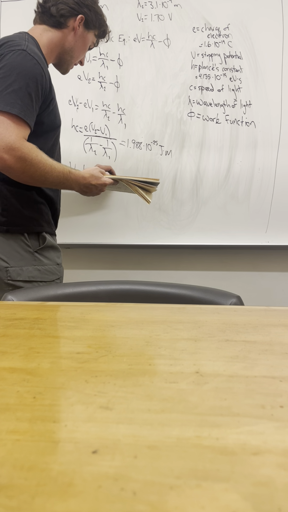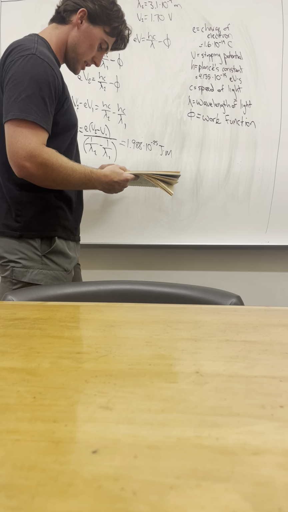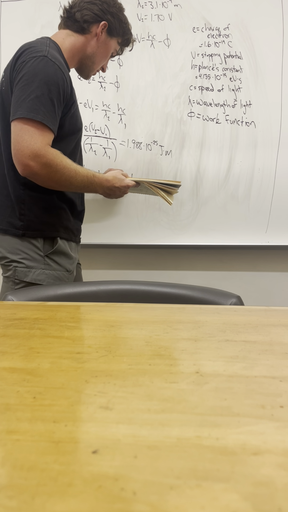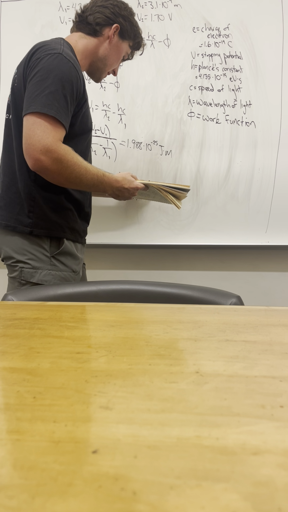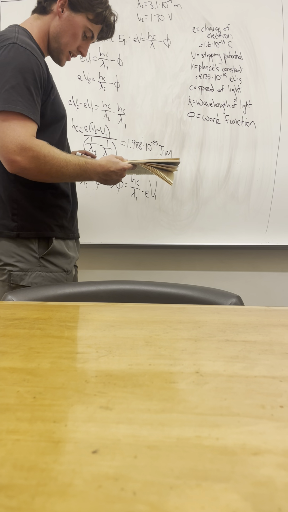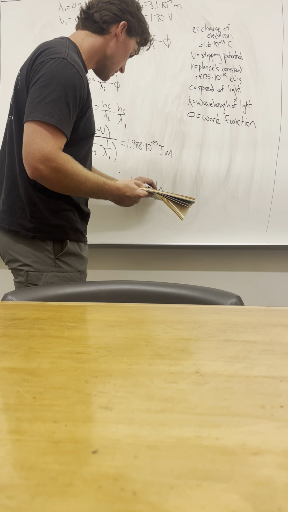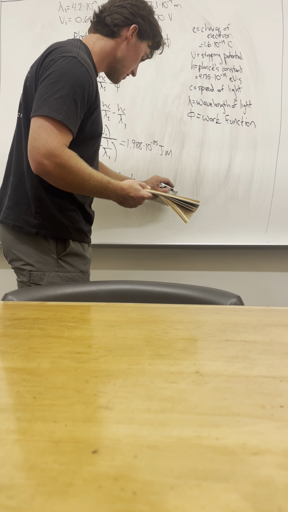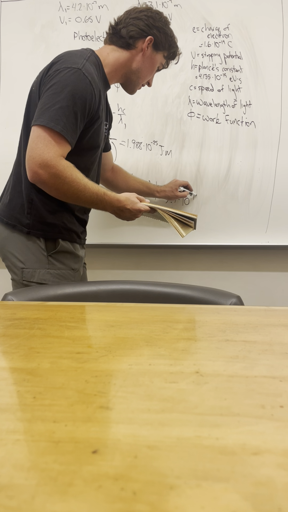When we rearrange for phi, since that's what we want to solve, we get hc over lambda 1 minus eV1. When we plug in all our known variables again, we get that it's approximately 3.7 times 10 to the negative 19 joules.